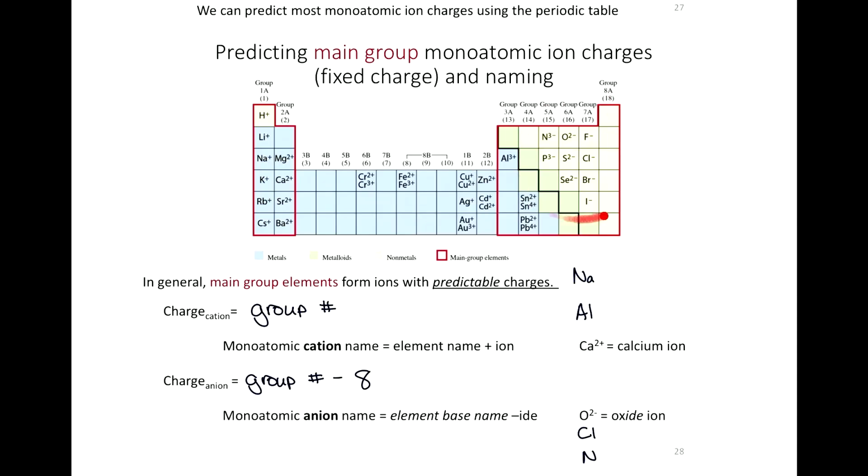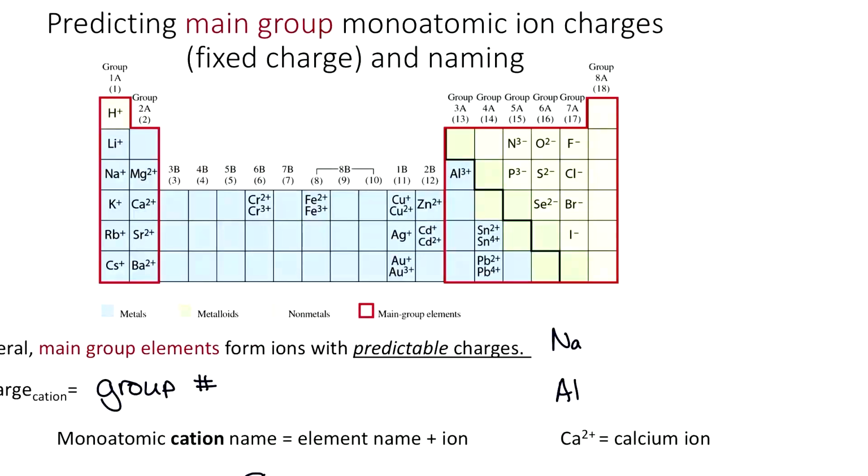On the other side, our nonmetals over here, this is where we get our anions. Remember, the trick here is that it's the group number minus 8. So what we see here, first, noble gases, group 8A, very rarely make ionic compounds. That's why it's missing here. But what we see here is that group 7A elements always adopt -1 charges. Group 6A always adopt -2 charges.